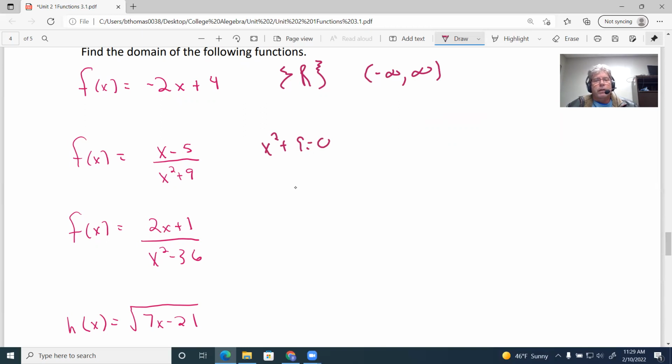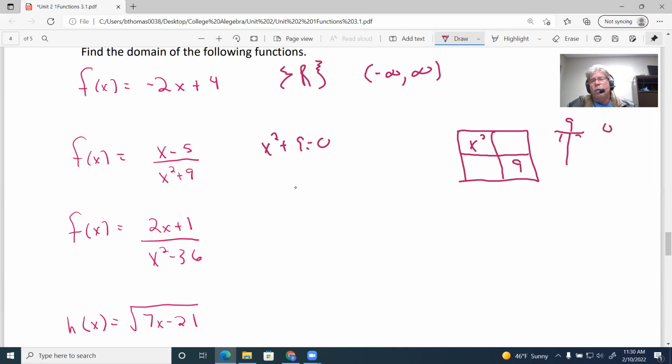So if I try to use factoring, if I use the box, the quadratic term goes here, the constant goes here. So what are the factors of the constant that give you the middle term? Remember, since the middle term is not there, its coefficient must have been 0. So what are the factors of 9 that give you 0?